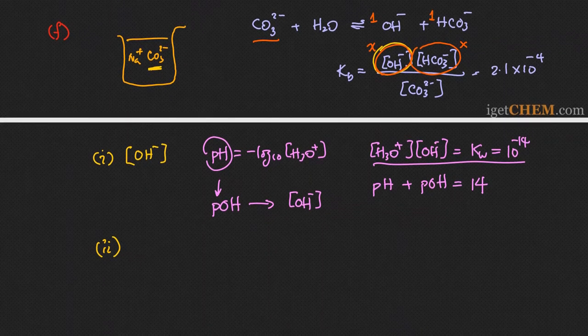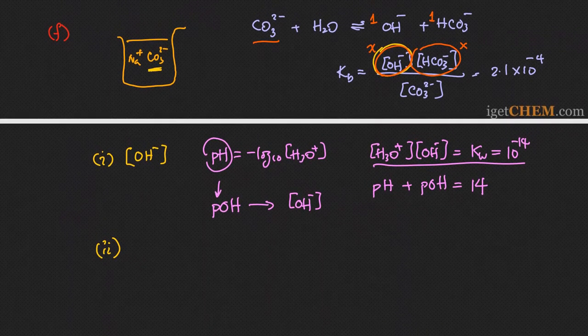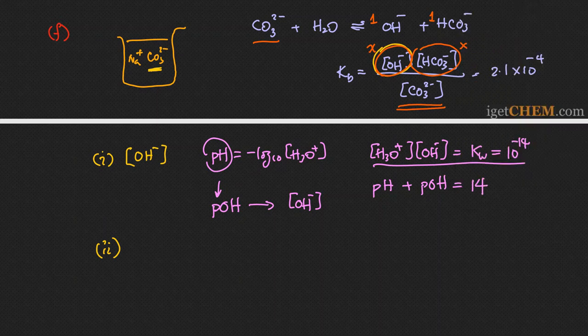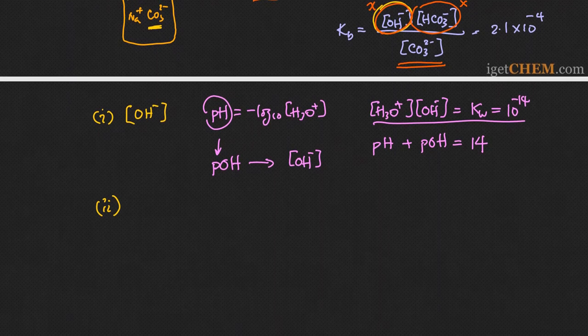And so now that we know both of those are the same, we can use that to determine the equilibrium concentration of the CO3 minus. So let me write that equation down here so that I can give myself a little bit more room.